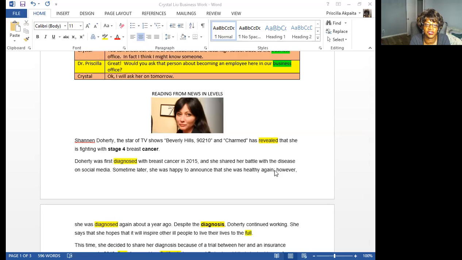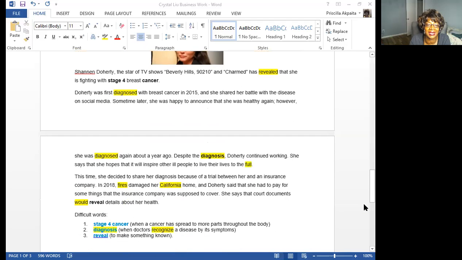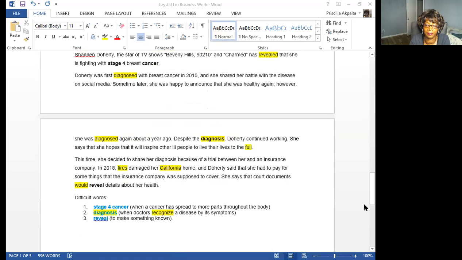Shannon Doherty, the star of TV shows Beverly Hills 90210 and Charmed, has revealed that she is fighting with stage 4 breast cancer. Doherty was first diagnosed with breast cancer in 2015, and she shared her battle with the disease on social media. Sometime later, she was happy to announce that she was healthy again. However, she was diagnosed again about a year ago.